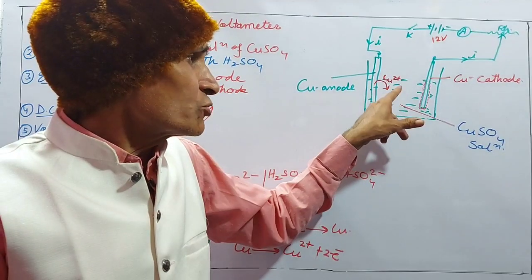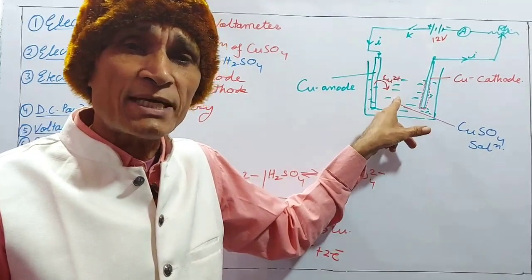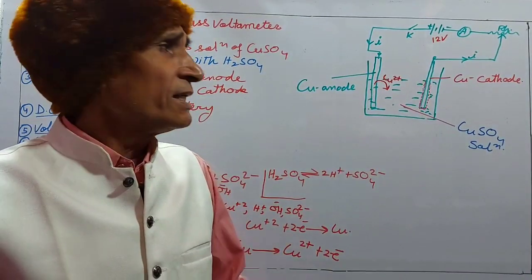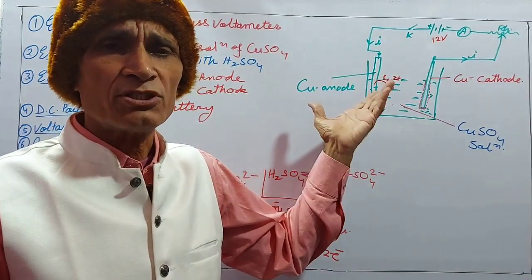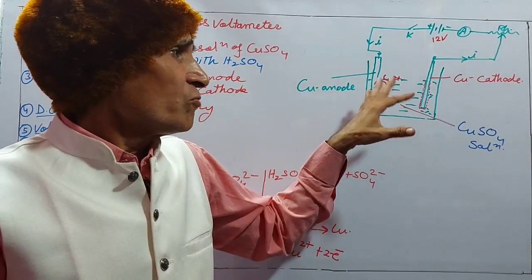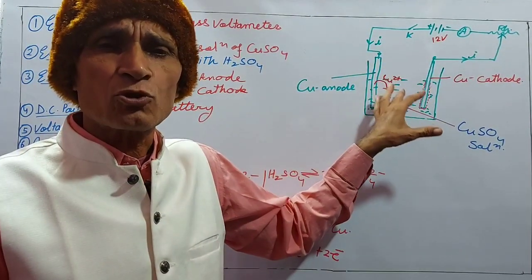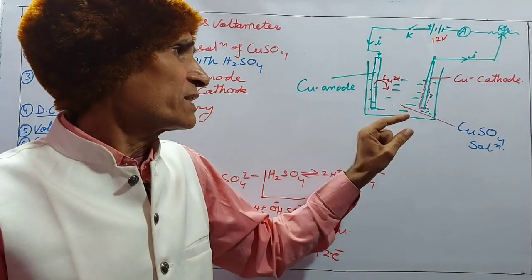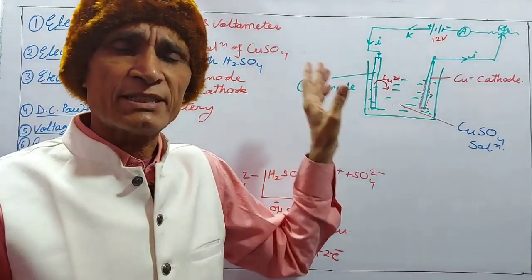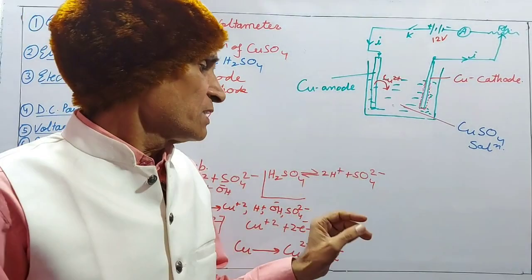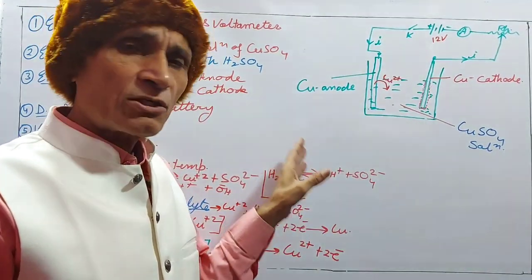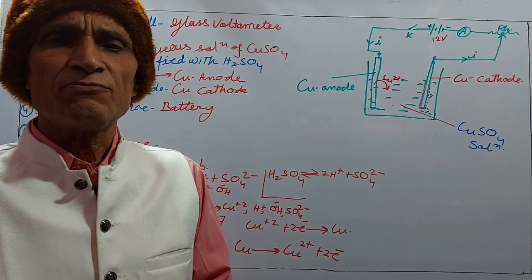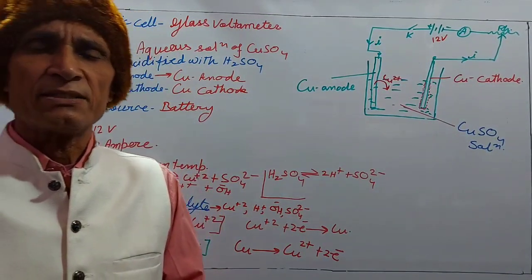The blue color of the solution is due to the presence of cupric ions. If the cupric ion concentration does not change during the process, then the color also does not change. So the observation is that the blue color of the solution does not fade, because the concentration of cupric ions in the solution does not change. This is about the electrolysis of aqueous solution of copper sulfate acidified with sulfuric acid. That's all.